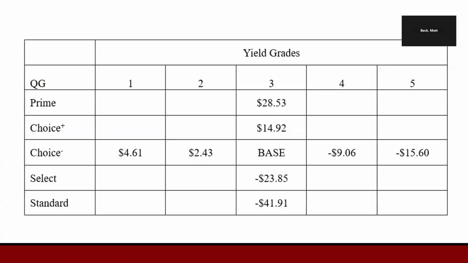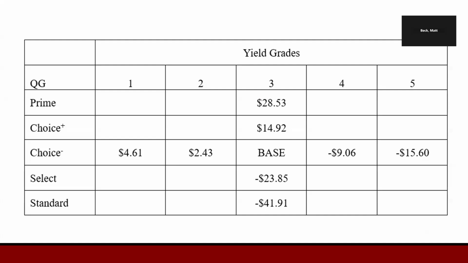Okay. So that information that was in the slides, took it out here. So this is the premium for yield grade 1. This is a premium for yield grade 2. That up there is the premium for a prime, premium for choice or an upper two-thirds choice, base price, discount for select, discount for standard, discount for yield grade 4, discount for yield grade 5.